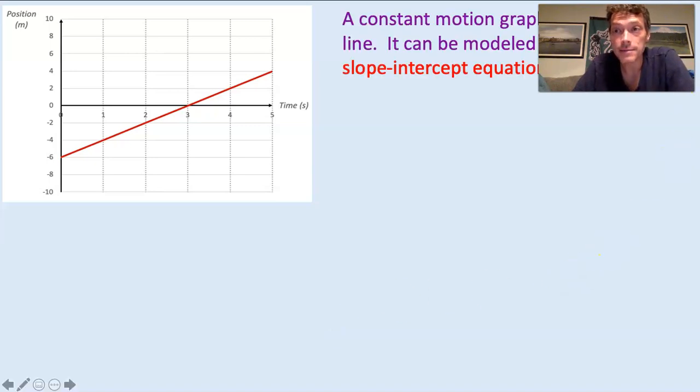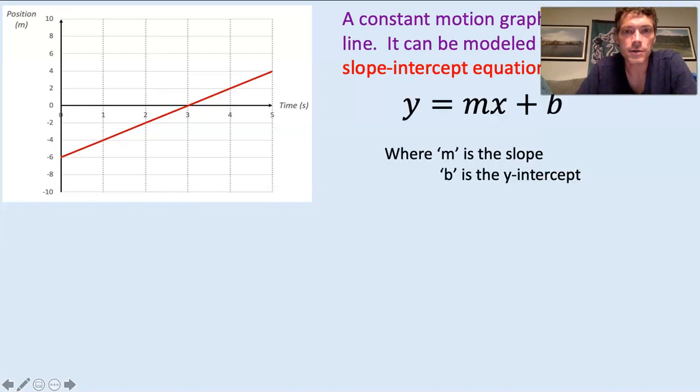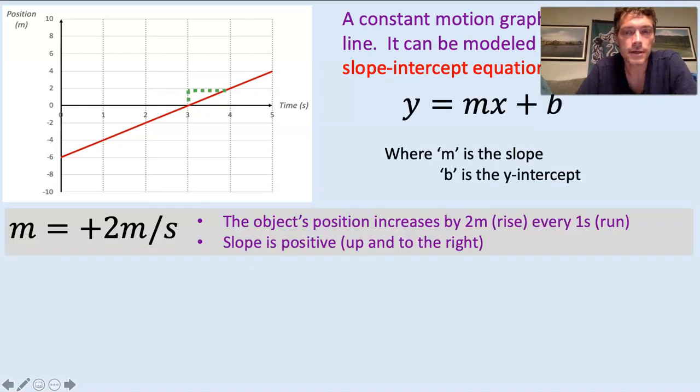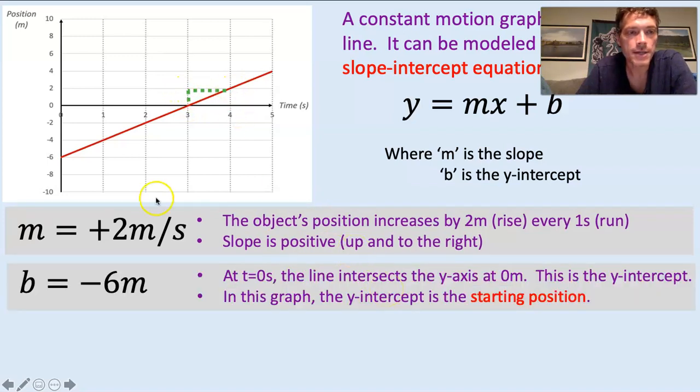Same analysis. Constant motion graph, linear line. You notice, though, that this graph is starting in a different position. So let's get our information here. We have a slope of positive 2 meters per second. Go from 0 to 2 and run 1. And we have a y-intercept. This function intercepts the y-axis at -6.